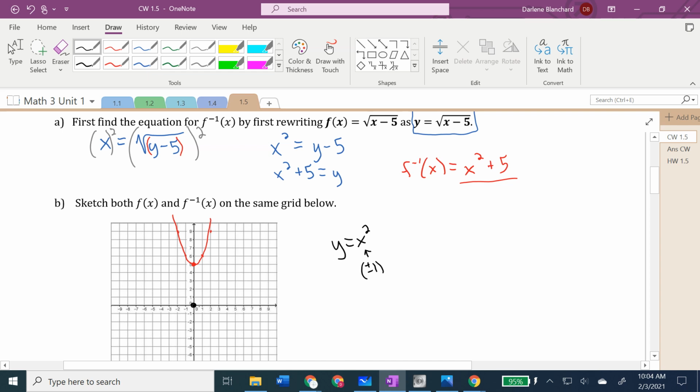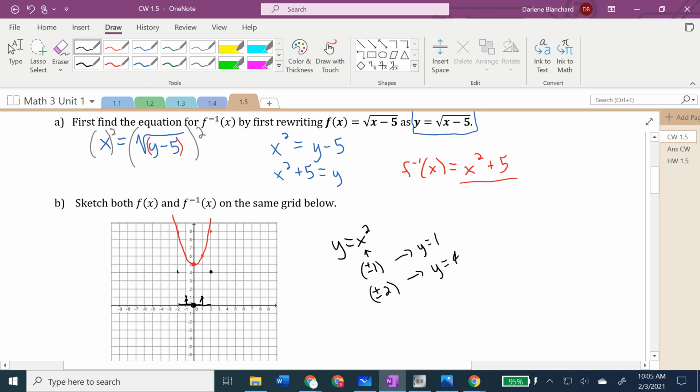So when you go horizontally 1 unit from the vertex, you go up 1 unit to get to its y coordinate. If you plug in plus or minus 2, you get 4. So from the vertex I go horizontally 2 units away, and I'll find the y coordinate 4 units above the vertex.